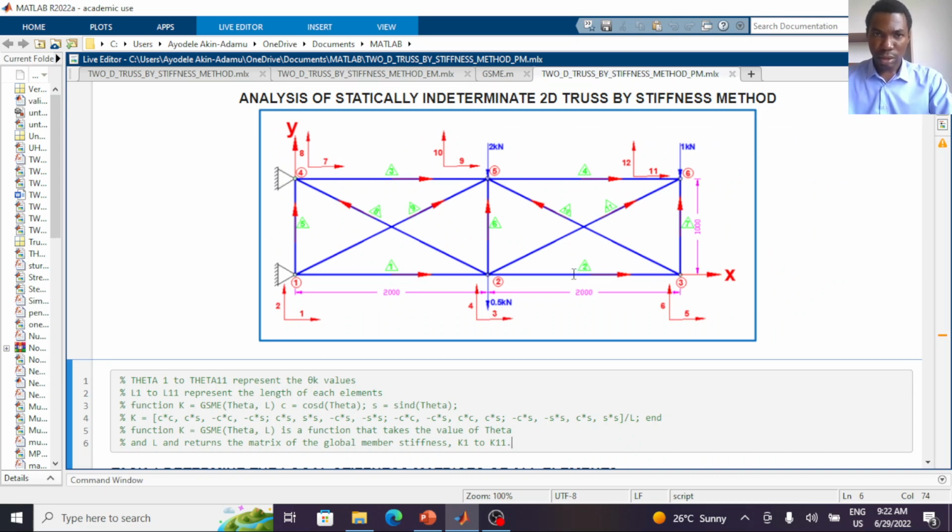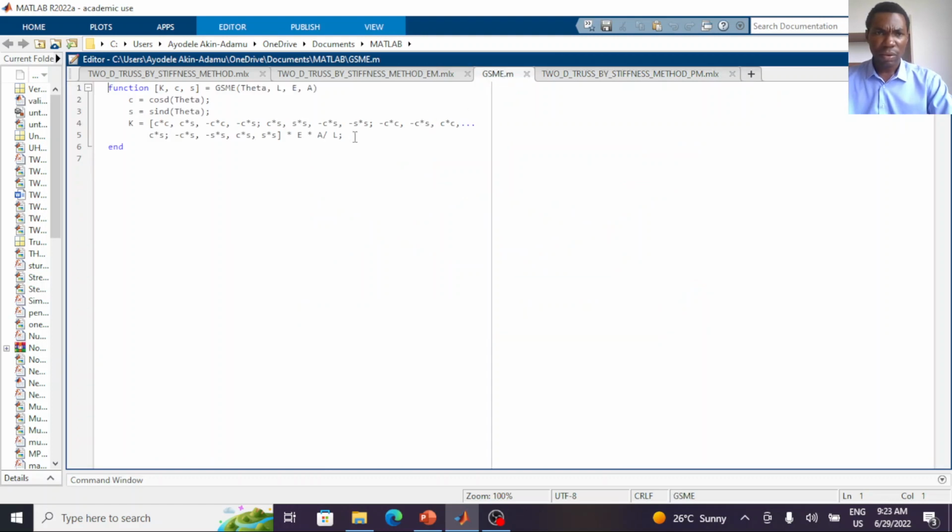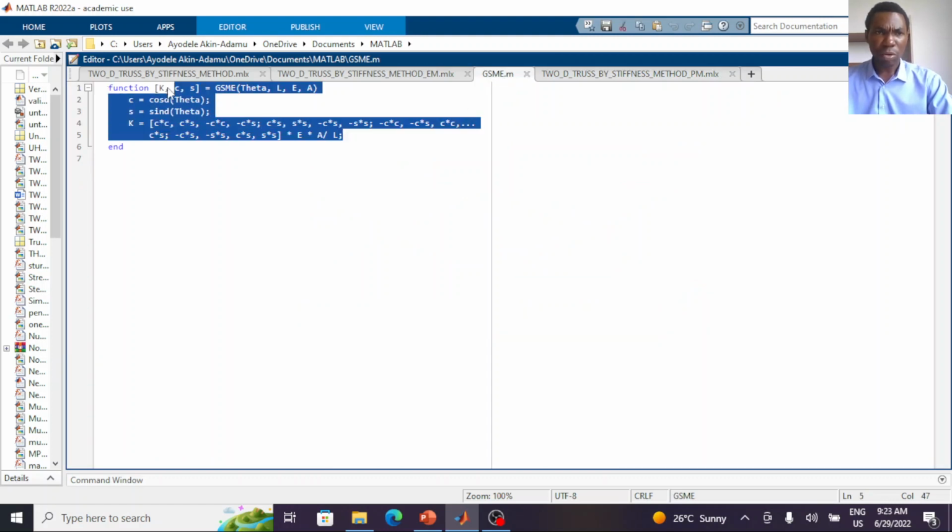Now we are in the Matlab working environment. So as usual, I created a live script which I use to solve this problem and which I also use to explain how you solve a truss problem using Matlab. In the Matlab working environment, there are actually two scripts. We have a function script that helps us compute our local stiffness matrix, which I've written here.